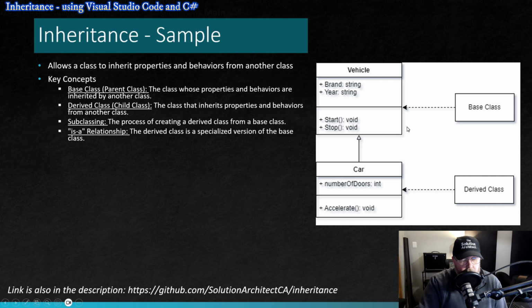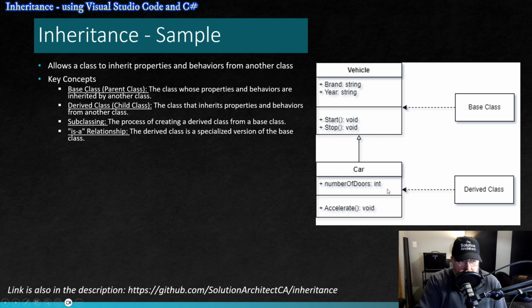Now, in C#, we will create a vehicle base class with a string for brand and one for year, and we'll also create a start and a stop method inside the vehicle class. Then we'll inherit this vehicle class into the car class.